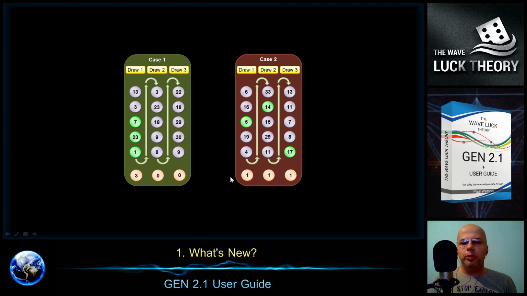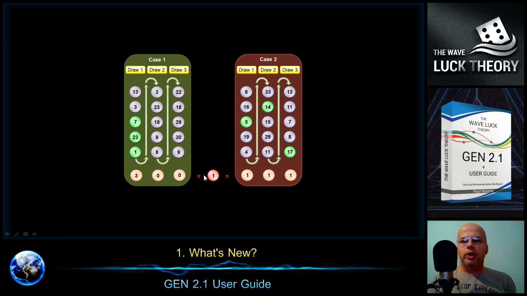When we sum these hits, the sum is equal to 3 here, and the sum is equal to 3 here. And if we calculate the average, it is 3 divided by the number of drawing days, so 3 divided by 3 is 1, and here 3 divided by 3 is 1.